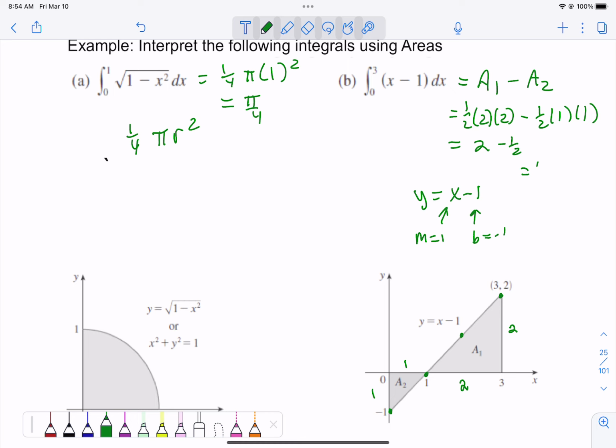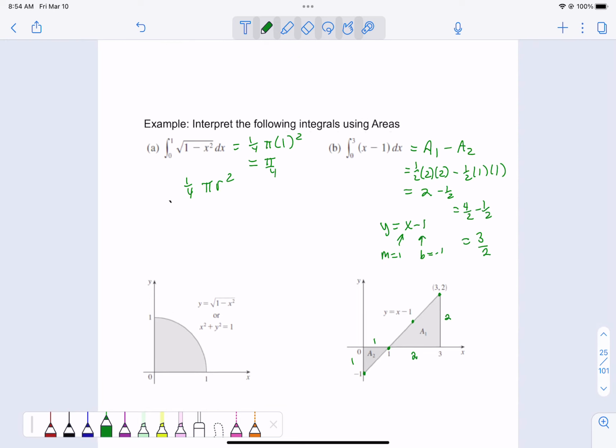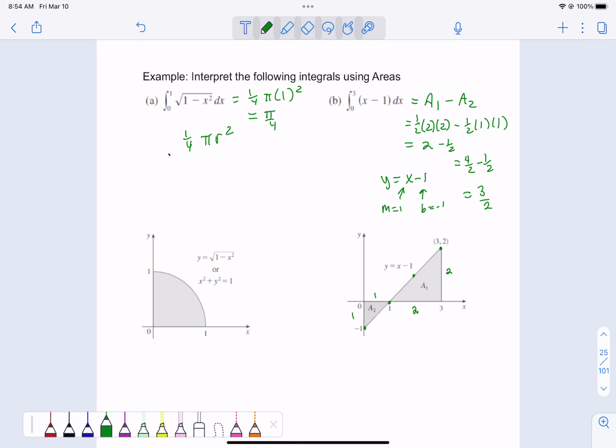So 2 is 4/2 minus 1/2, so a net area of 3/2. Okay. So that is one where we're using areas of things we know how to find the area of. Now, if you did the long formula for these, you would get those areas, but it would not be a fun process.